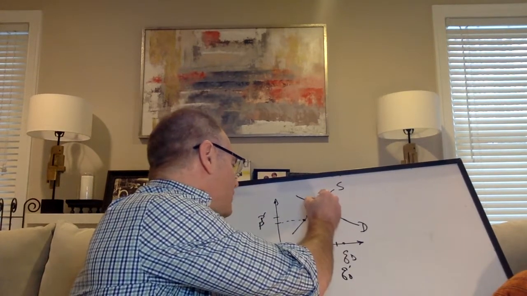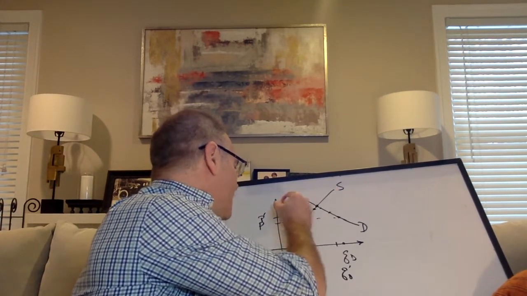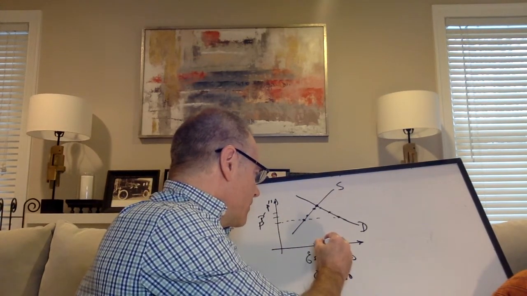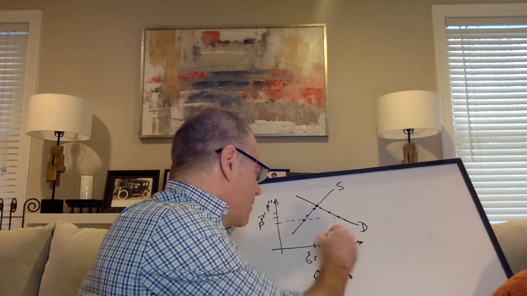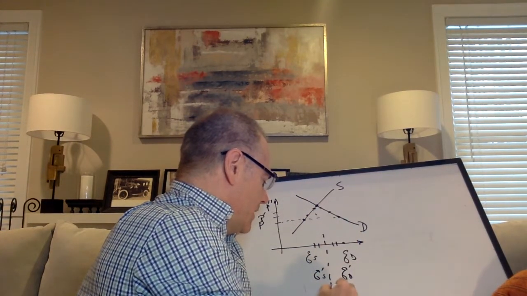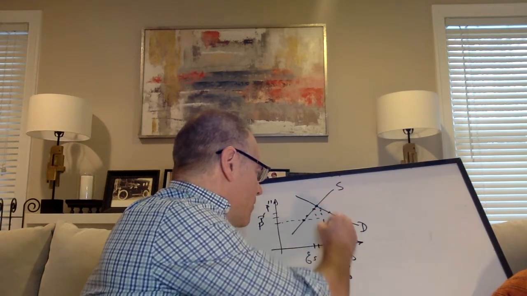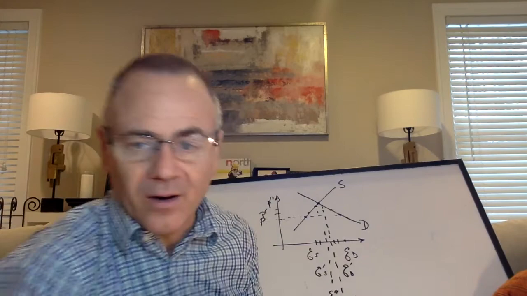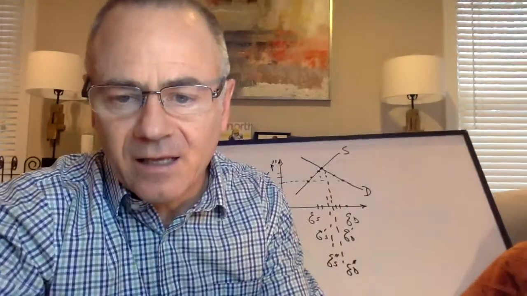And then if it moves up again to P double prime, that point will be QS double prime, and that point will be QD double prime. Can you see?